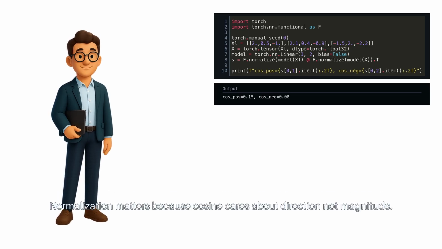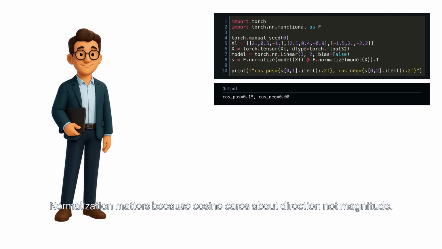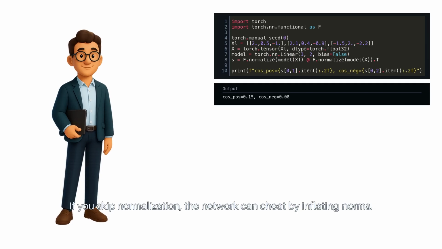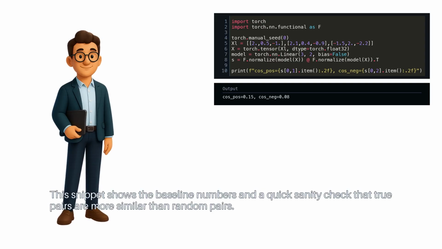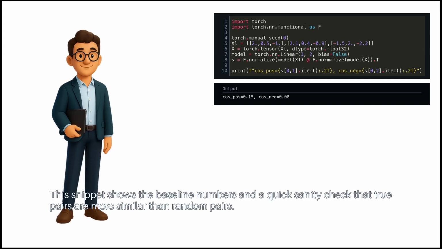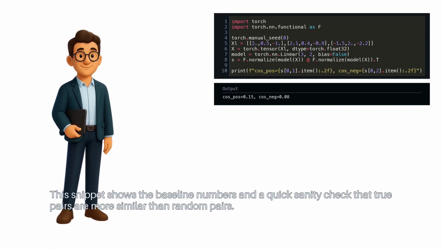Normalization matters because cosine cares about direction, not magnitude. If you skip normalization, the network can cheat by inflating norms. This snippet shows the baseline numbers and a quick sanity check that true pairs are more similar than random pairs.